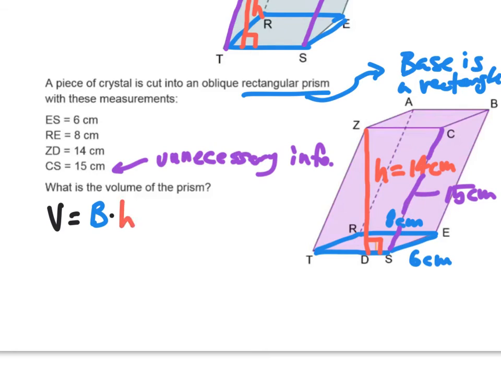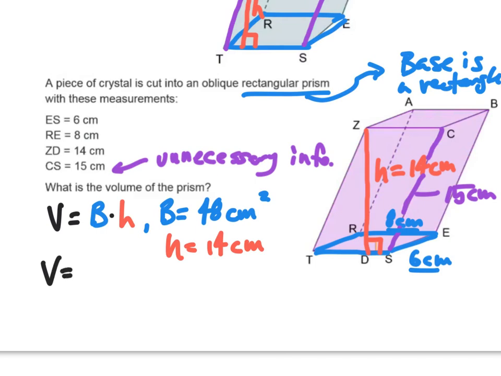Now the area of the base, B, can be figured out by multiplying 6 times 8. So 6 times 8 is going to give me 48 centimeters squared. And then my height has a measure of 14 centimeters. So I plug all this in. Volume is going to equal 48 centimeters squared times the height, which is 14 centimeters.